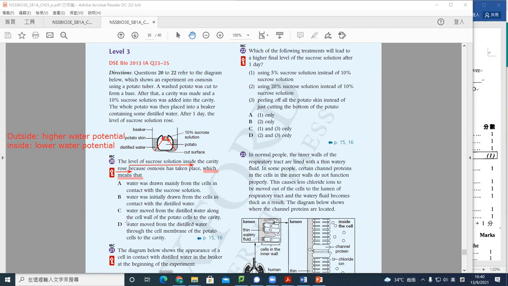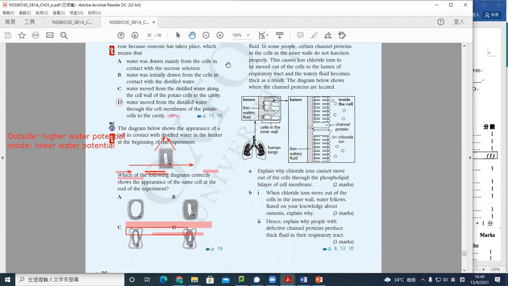It's because water moved from distilled water through the cell membrane. Remember when we talk about the word osmosis, we're talking about the movement of water through the cell membrane. Okay, so this part's 20D.